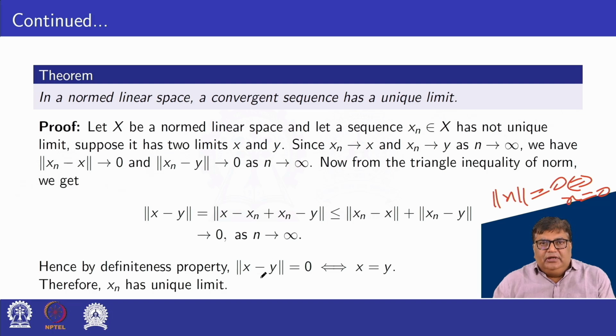It means norm x minus y equals 0 if and only if x minus y is equal to 0, that is x is equal to y. So here it is a contradiction. The sequence xn belonging to X has two limits x and y, but x is equal to y. This shows that xn has a unique limit.